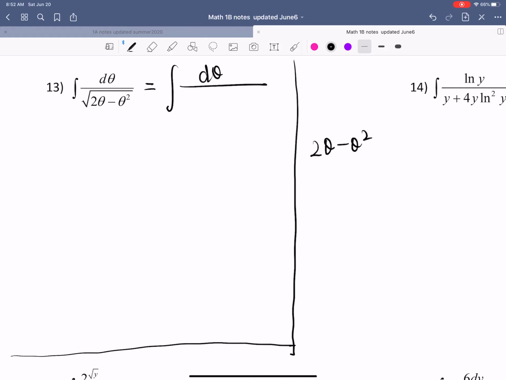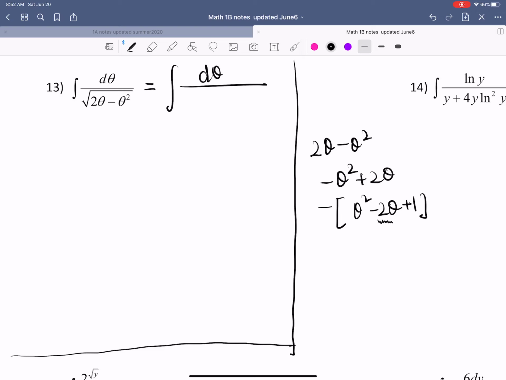If you have 2 theta minus theta squared, I can write it as negative theta squared plus 2 theta. If I pull a negative out, theta squared minus 2 theta, and I'm trying to complete the square, I should add half of this number squared. Half of 2 is 1, so I need to add 1 squared over here.